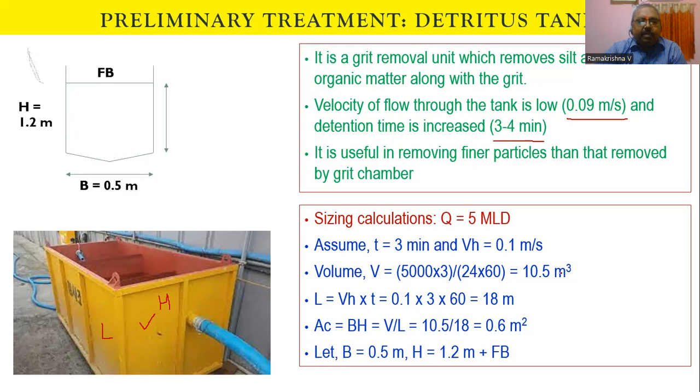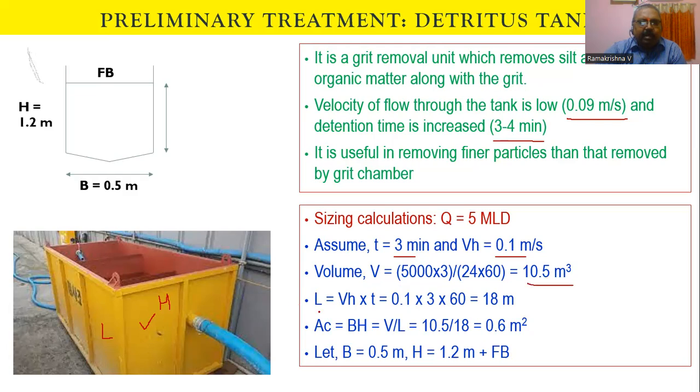Now for 5 MLD, if we look at the assumptions, let us take T is equal to 3 minutes and the horizontal velocity as 0.1 meter per second, close to 0.09 meters per second. And volume is equal to Q multiplied by T, which is equal to 5000 meter cube per day into T. This is per day, converting into minutes, divided by 24 by 60, which gives 10.5 meter cube.